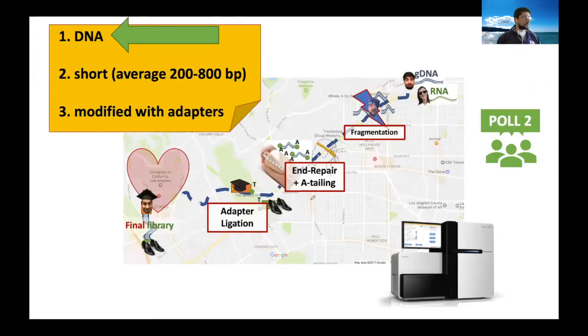Okay, so let's go back to our DNA schematic. Now we are dealing with RNA. Let's pretend if I'm genomic DNA, my wife is RNA. Okay, question. So of course we don't have gDNA. How do we transform the RNA into DNA, which is one of the few features that Illumina requires?